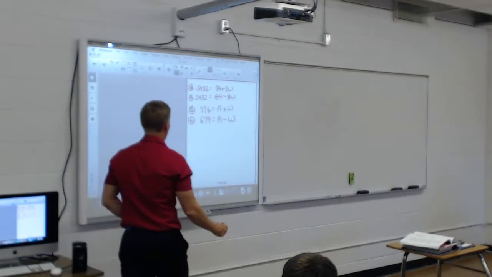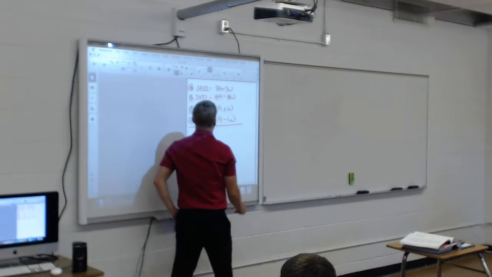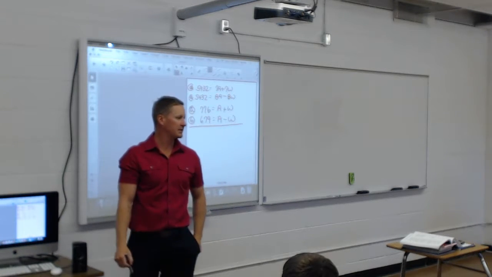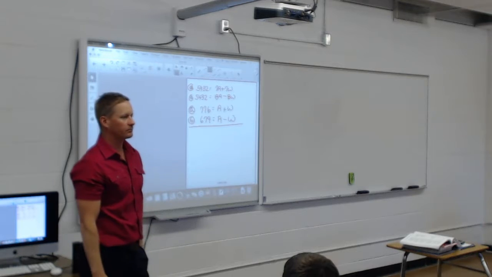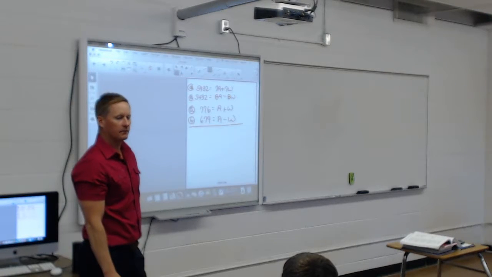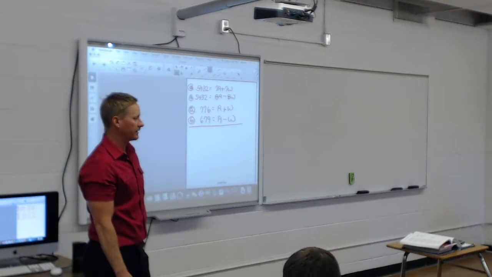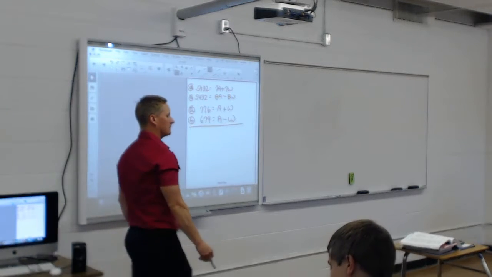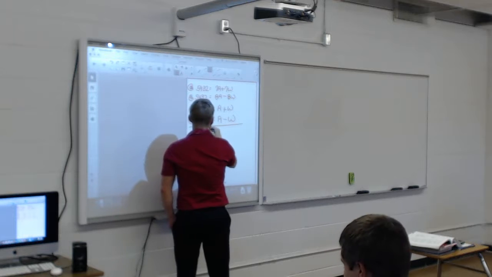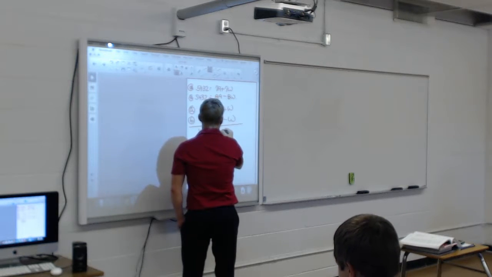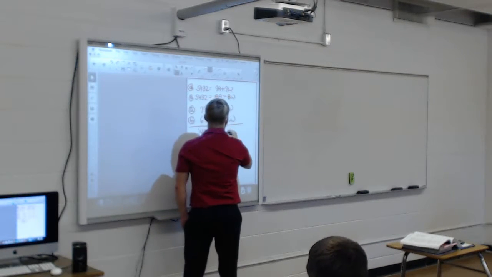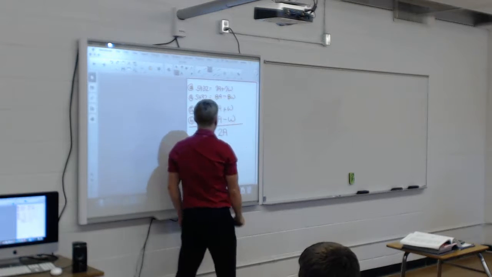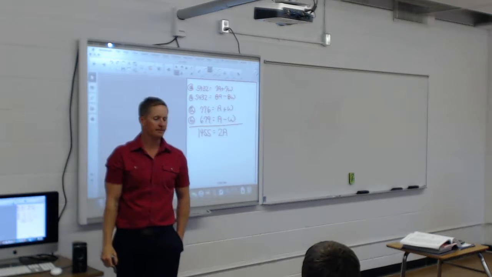Okay, so now add those together, 776 and 679. Get our calculators over here, please. So that's 1455 is equal to 2A. We agree with that?